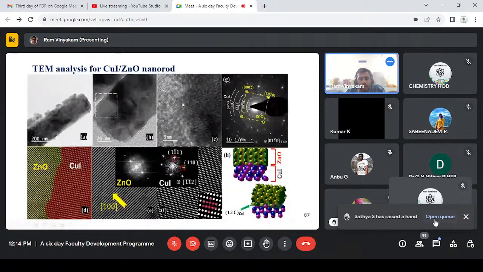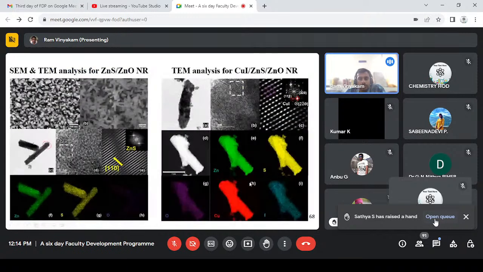So to analyze further the interface between the zinc oxide and copper iodide, we took SAED and simulation to see the orientation of the zinc oxide at the interface and the copper iodide on the interface. And we changed the growth process.